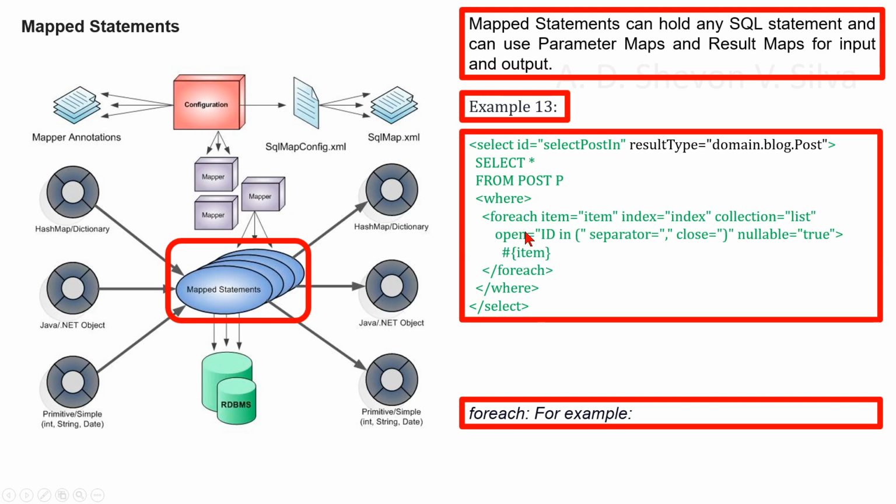The foreach element is very powerful and allows you to specify a collection, declare item and index variables that can be used inside the body of the element.